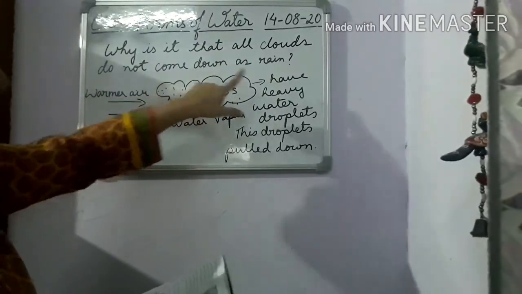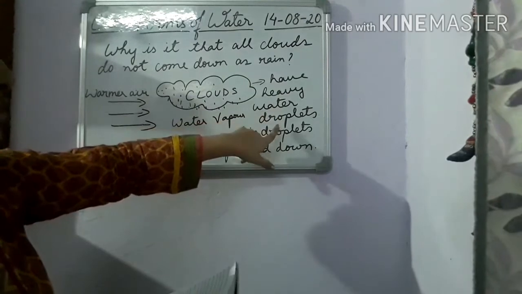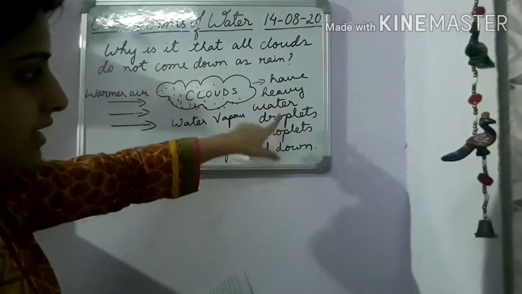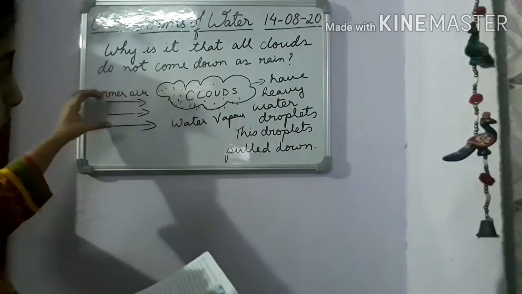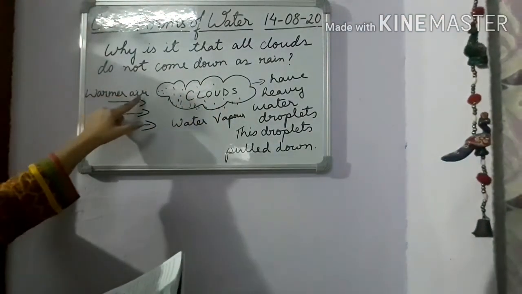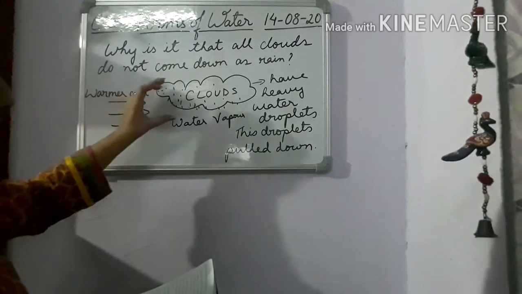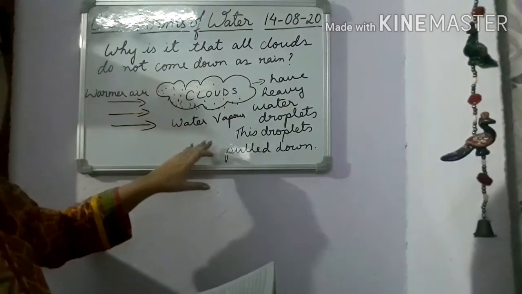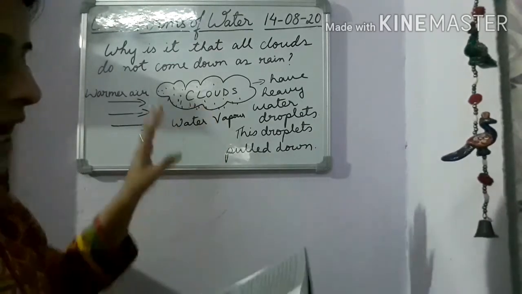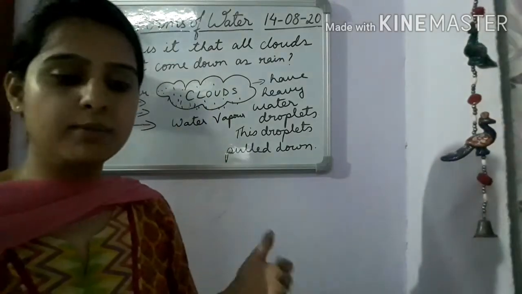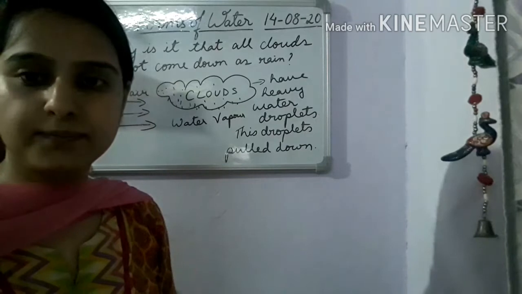Now clouds are made of heavy water droplets, isn't it? These droplets are pulled down. When they come in contact with the warmer air, the water droplets change to water vapor. This is how all clouds do not come down as rain.